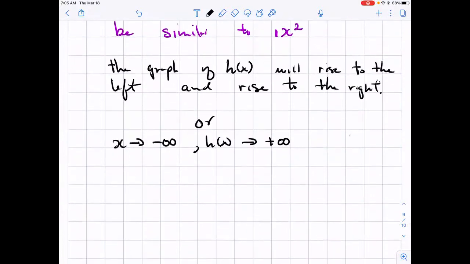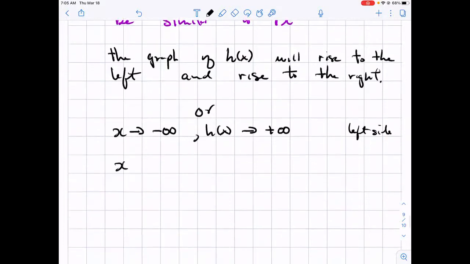This is the left side. And as x approaches positive infinity, h of x will approach positive infinity. This is the right side. So just by looking at the leading coefficient and the degree, you can tell the behavior of the ends.